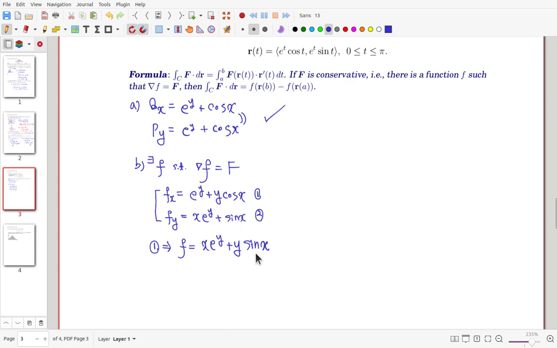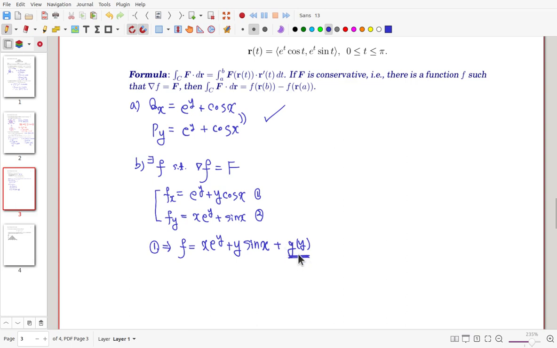Cosine x becomes sine x in integration. And we have to put a constant, but the constant must be general, so we put g of y, a function of y, so that if we apply the x derivative, it will become 0. So this is the general constant for x integration, right? So we have to decide g of y now. If we decide g of y, then that's it, right?